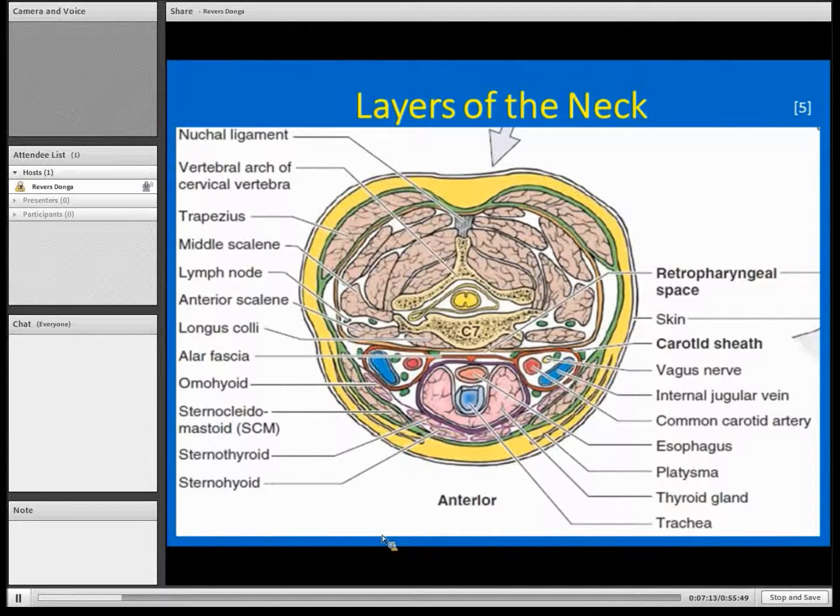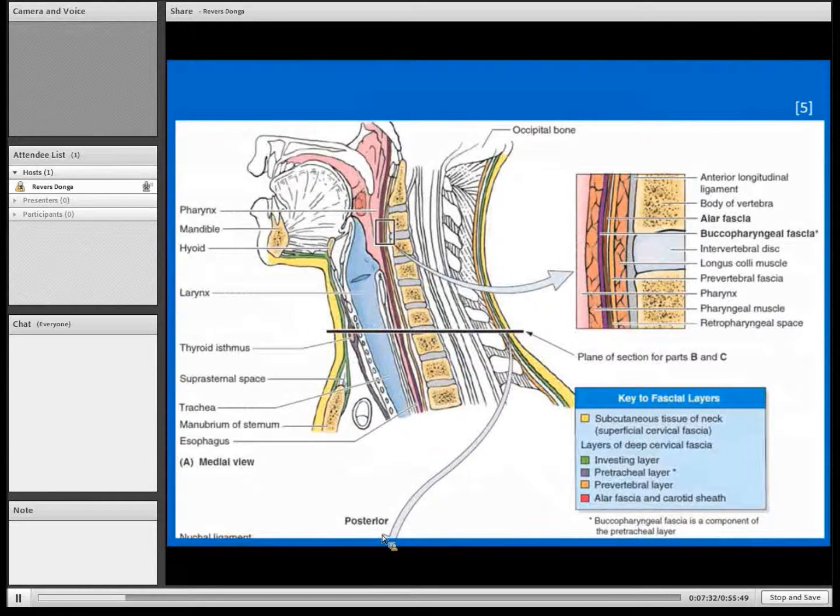And then finally you've got the carotid fascia, which gets some of its tissue from the prevertebral and the pretracheal, and that has the carotid artery, jugular vein, and vagus nerves, as well as some lymph nodes. So that's that, and that's just another little picture of it, sagittal plane. They're all in the same colours, so you've just got an extra bit of information there.